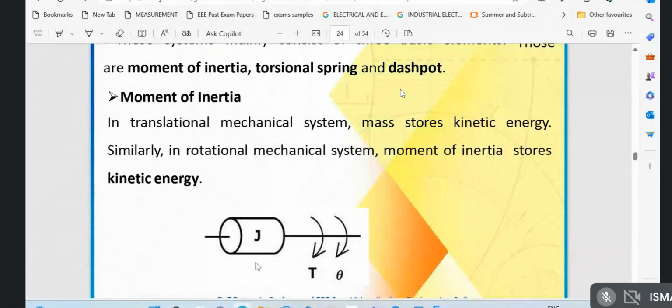So you can see this torque action, giving it in terms of the angle of torsion.